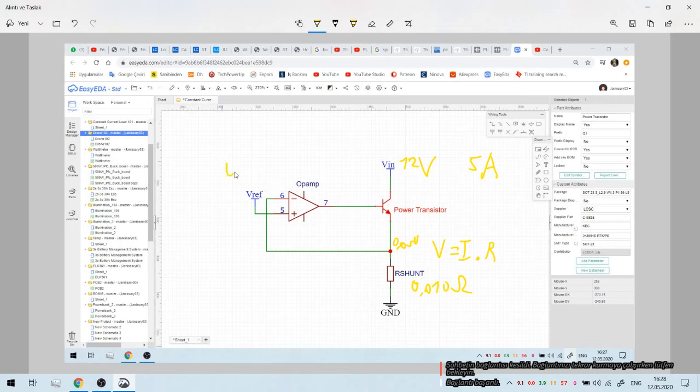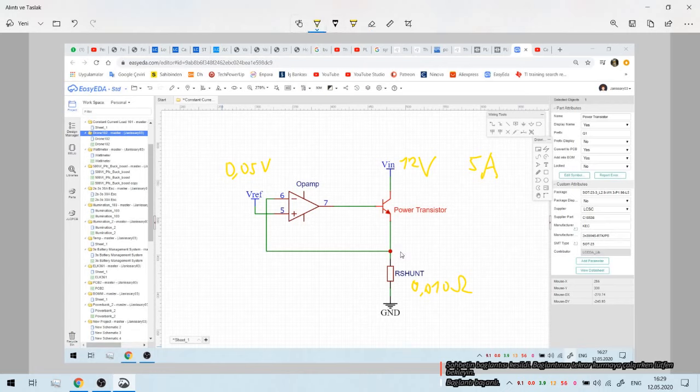So if we take Vref 0.05 volt and go to the beginning of this, go step by step, these are design considerations for now.